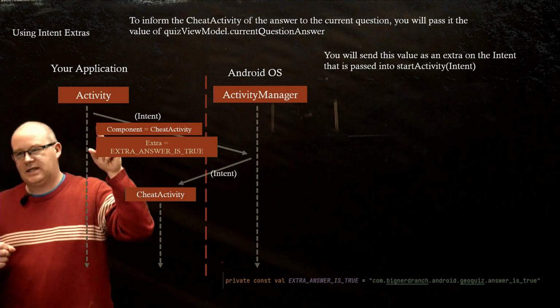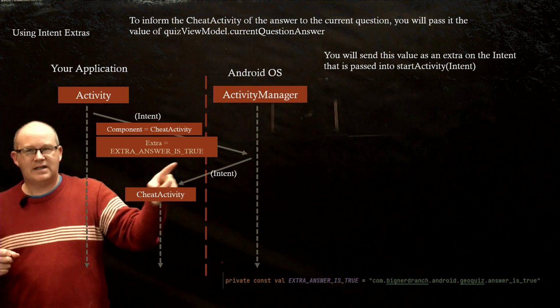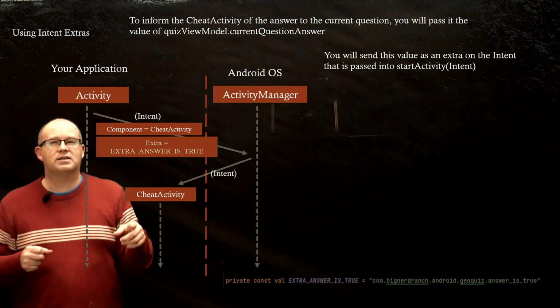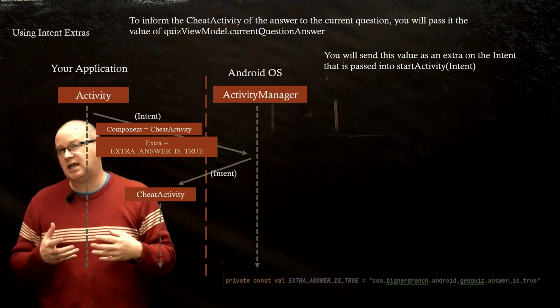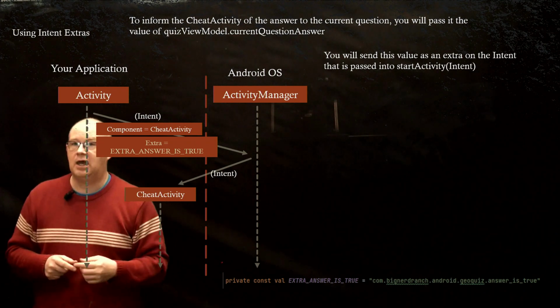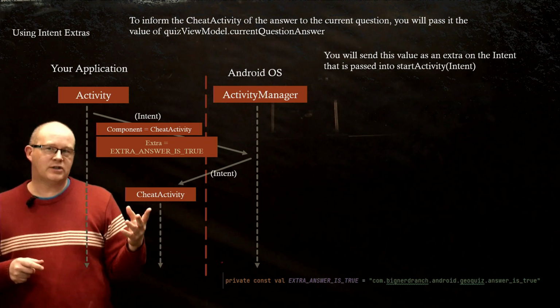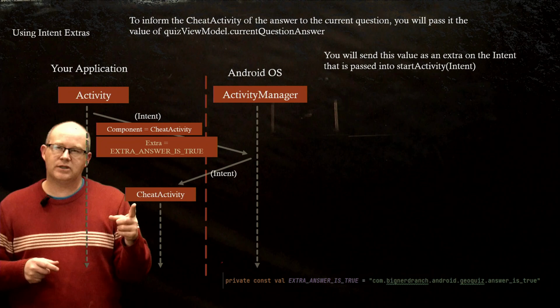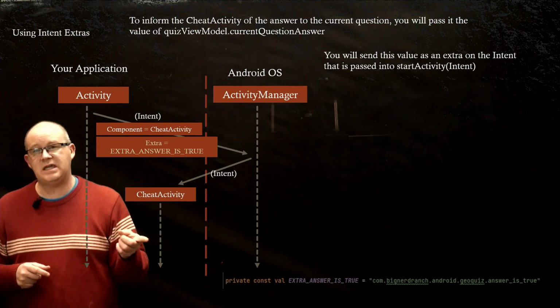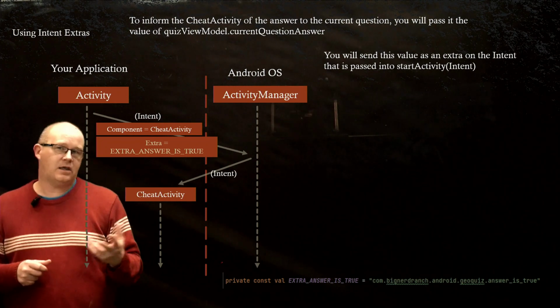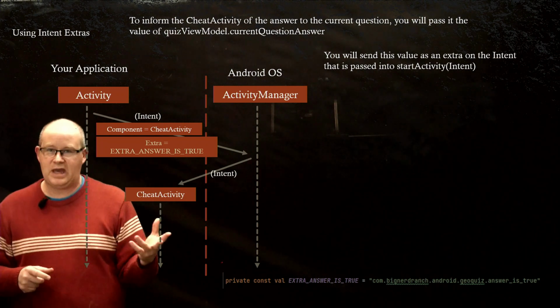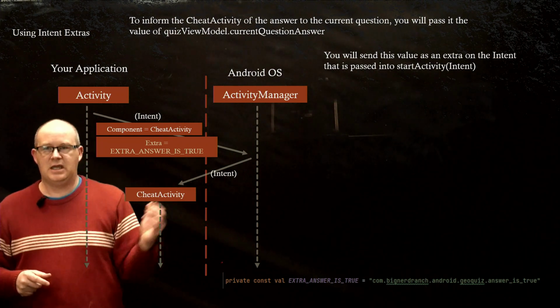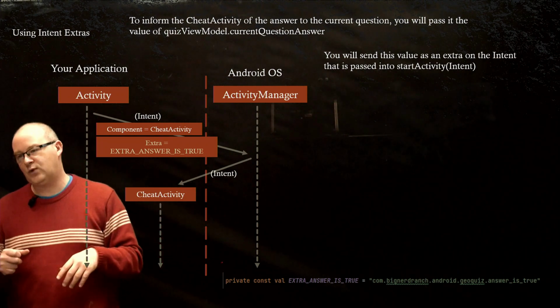The data is retrieved as an extra. An extra is at its core a key-value pair. It always has two parts. The first part is always a string, that is the key. The second part is the value, whatever type that is, which depends. In this case, it's going to be of type Boolean.